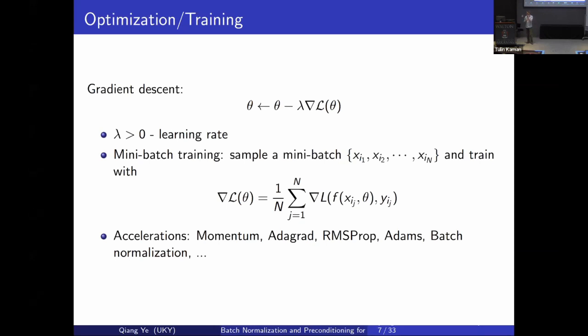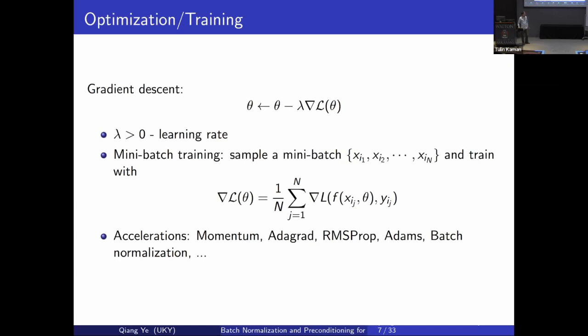Although it can be considered diagonal preconditioning, it's not well understood how the diagonal matrix improves the conditioning number of anything. And Adam basically combines RMSprop with momentum.